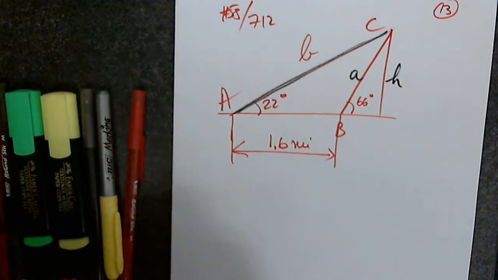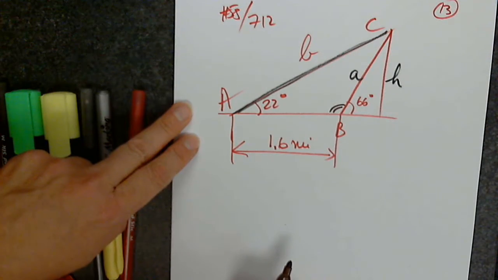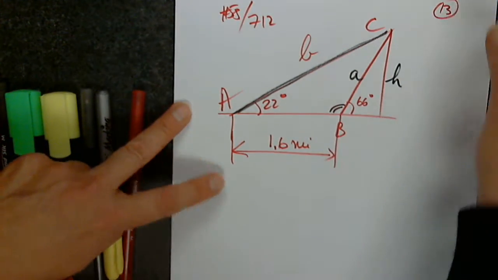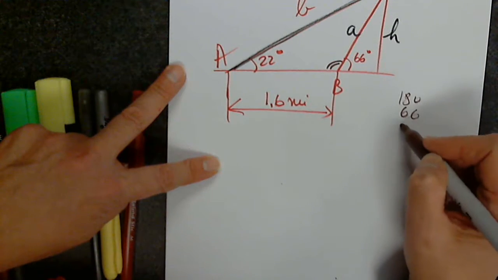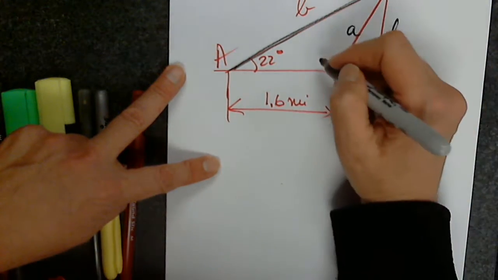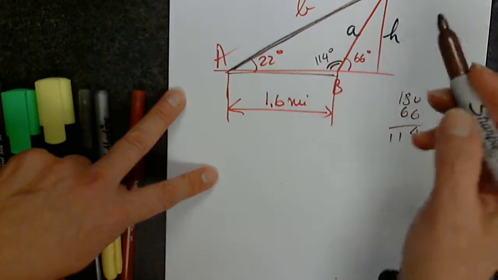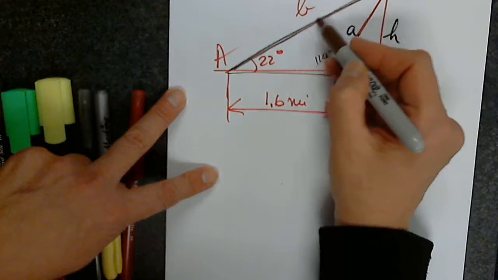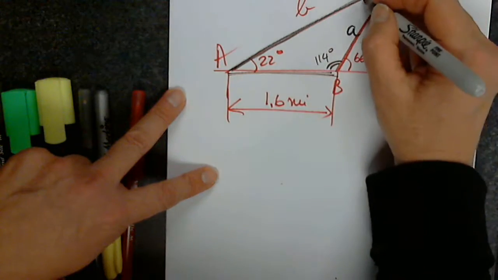Since we know 66, we know this angle: 180 minus 66 is 114. I'm trying to find B, and I know these angles.